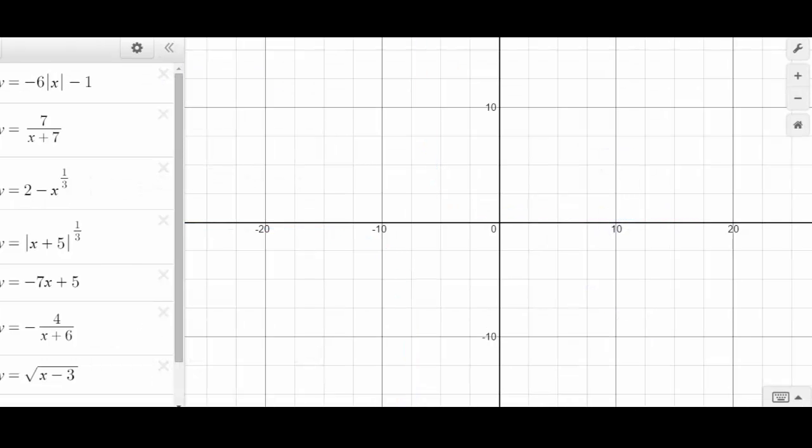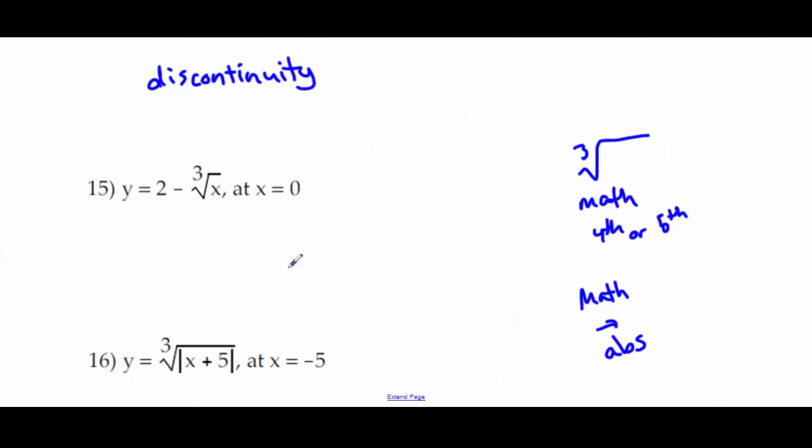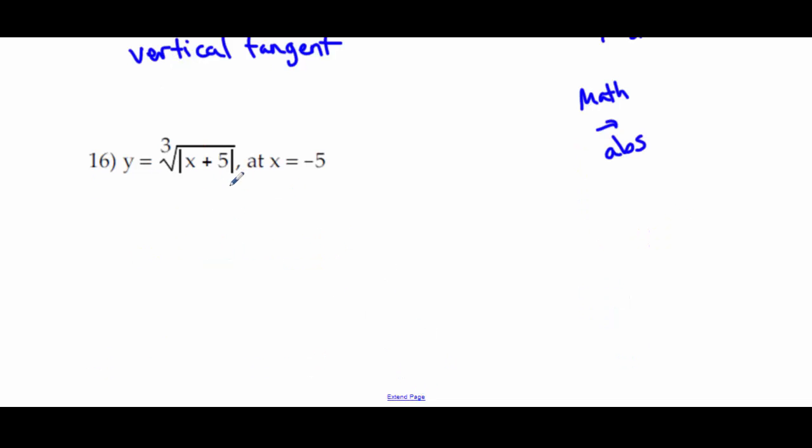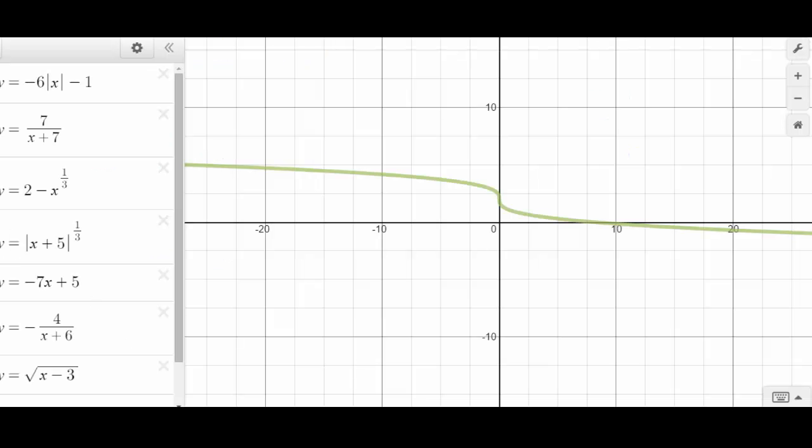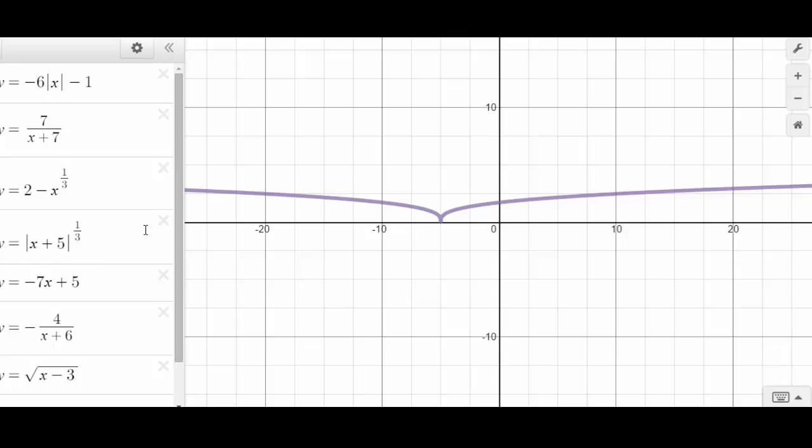So 15, if I graph it, I have this cube root graph, which here in the middle at 0 has a vertical tangent. And so that's what we would put, is vertical tangent. So that leaves us with the cube root of the absolute value of x plus 5, which these last two I definitely wouldn't expect you to know right off the top of your head what they look like.